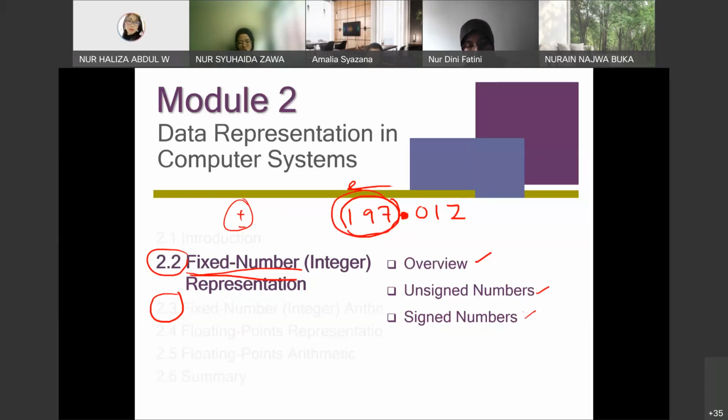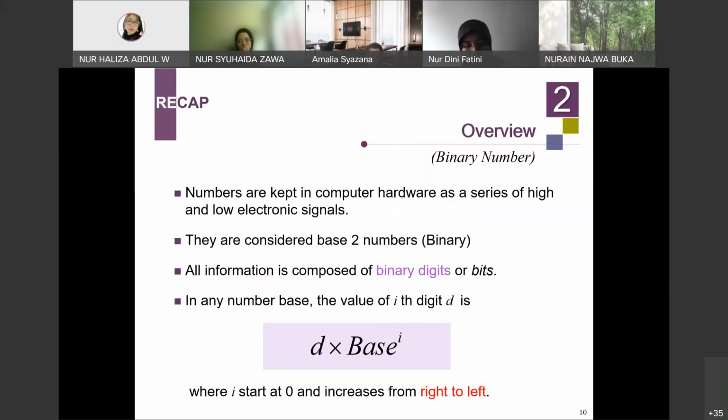Let me look into the easiest part first, which is the binary number. This is not new for you. Binary means base 2.